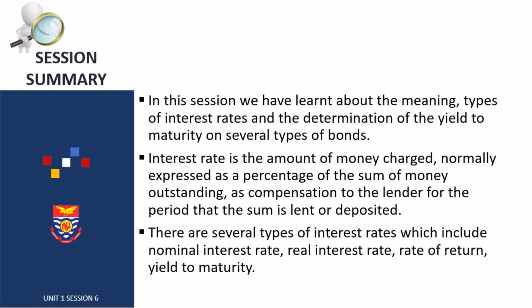Also, we've learned that there are several types of interest rates. Specifically, we've looked at the nominal interest rate, the effective interest rate, as well as the real interest rate. We've also learned the different types of loan repayments as well as the interest rate payment terms. Thank you and see you in the next session.